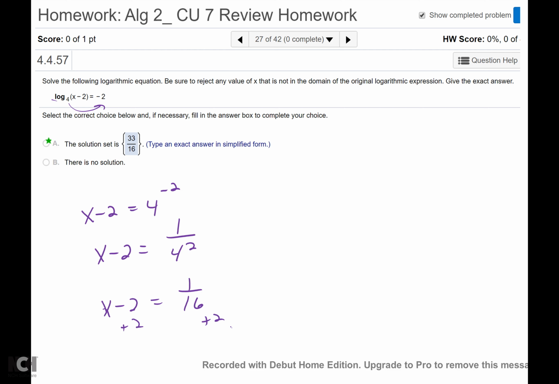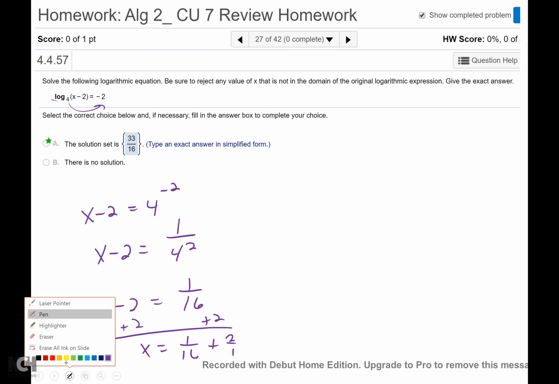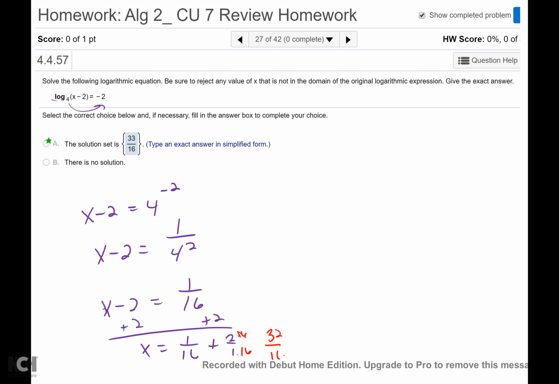Add 2. I get x equals 1 over 16 plus 2. Get a common denominator, or use a calculator. So times 16, that would become 32 over 16, plus 1 would give me 33 over 16. So x equals 33 over 16.